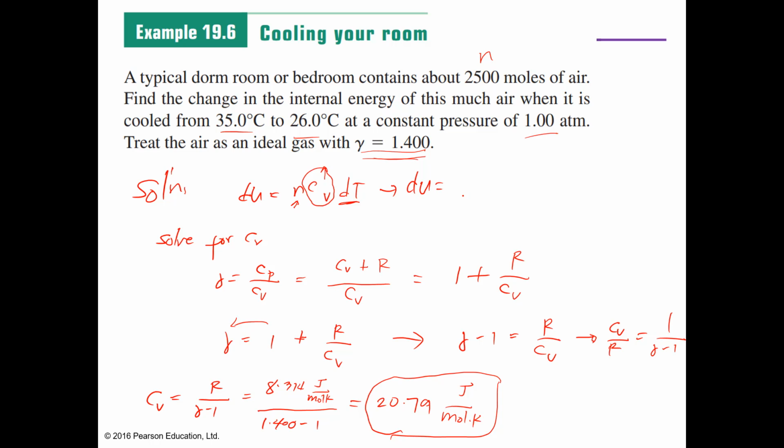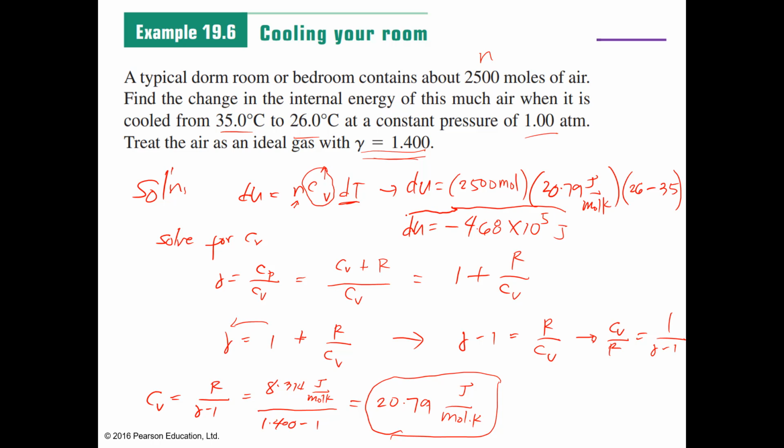So once we get Cv, we can get dU now. The change in internal energy is equal to n, which is 2,500 moles, times the Cv, 20.79 joule per mole Kelvin, times the change in temperature, 26 minus 35 degrees Celsius. So therefore, the change of internal energy is around negative 4.68 times 10 to the 5 joules.